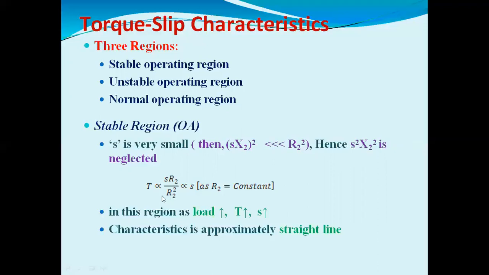So from that particular torque equation, the torque is proportional to S R2 by R2 square. Since R2 is constant, torque is proportional to S. In this region, as the load is increasing, the torque is increasing and the slip is increasing. The characteristic is approximately a straight line, a y equal to mx graph, a straight line passing through the origin for a small value of the slip.